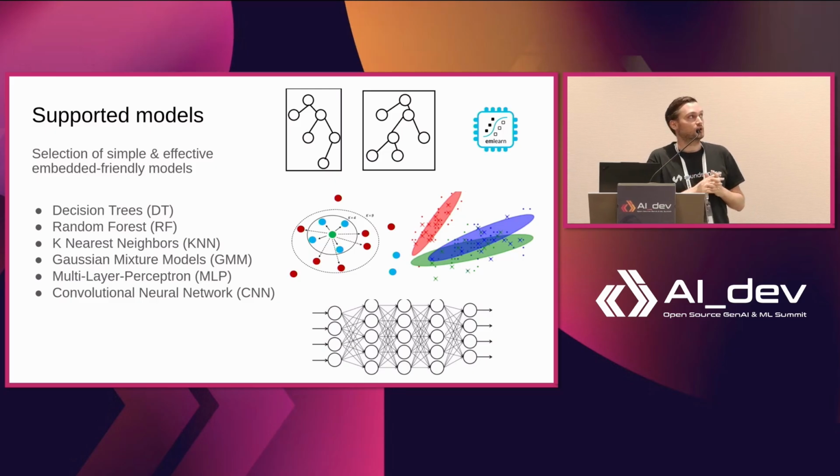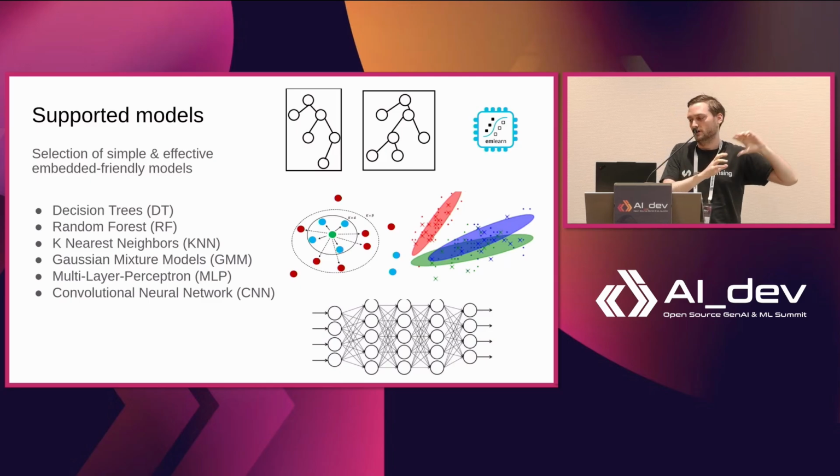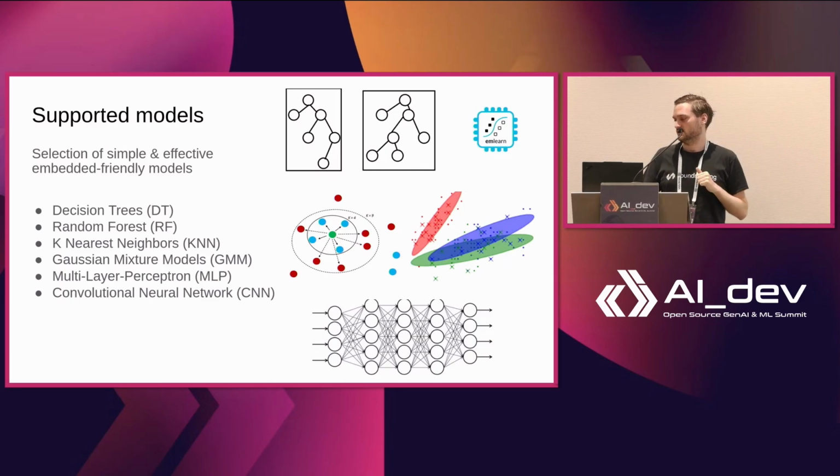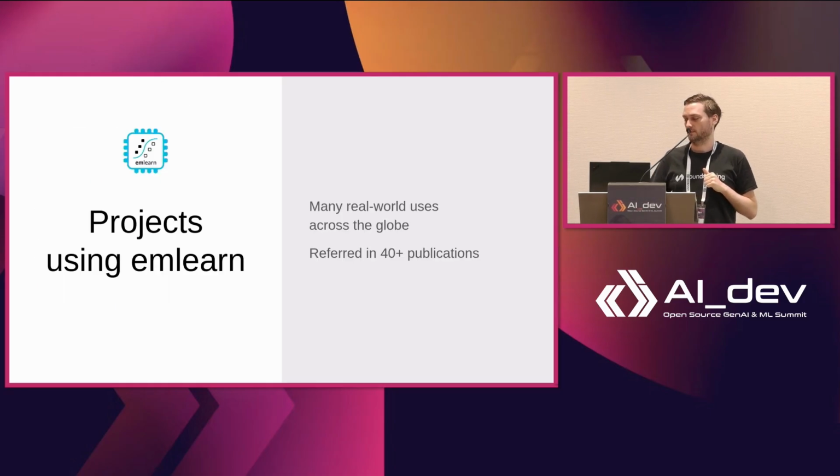The models we support are mostly what we call classic ML, but we do have support for simple neural networks, multi-layer perceptrons, and convolutional neural networks. But we focus on really the smallest systems, because this is very often sufficient and much easier to use on these types of devices.